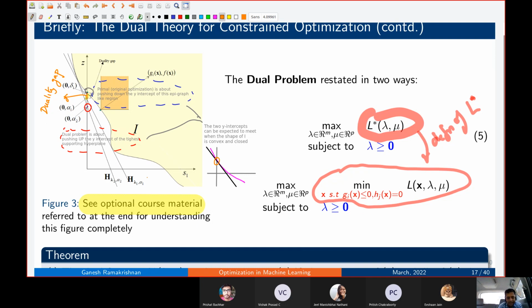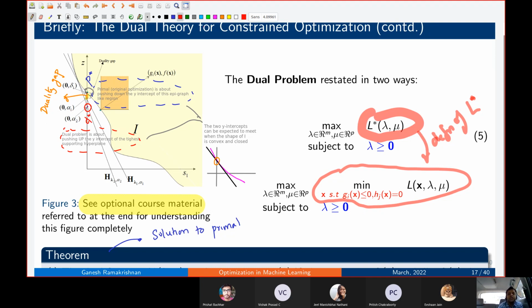So the theorem basically says that the solution to the primal, let's call this P star, and the solution to the dual, let's call this D star.